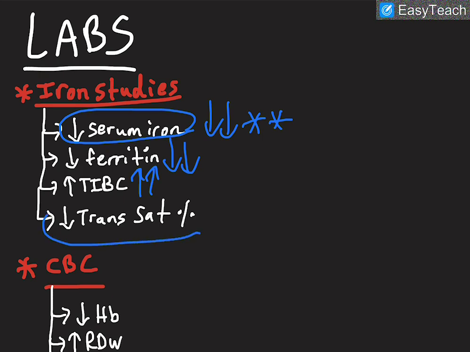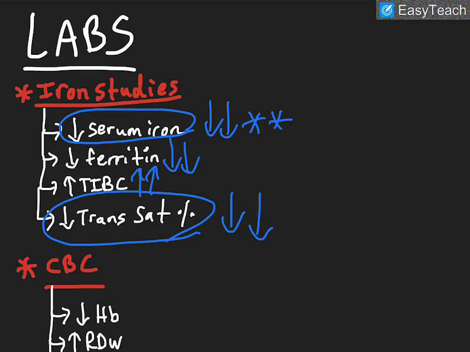Therefore, your transferrin saturation percentage is also going to be low. So you see low serum iron, low ferritin, low transferrin saturation, but elevated TIBC, which is indirectly measuring transferrin. That should make sense when you're trying to do labs for iron deficiency.